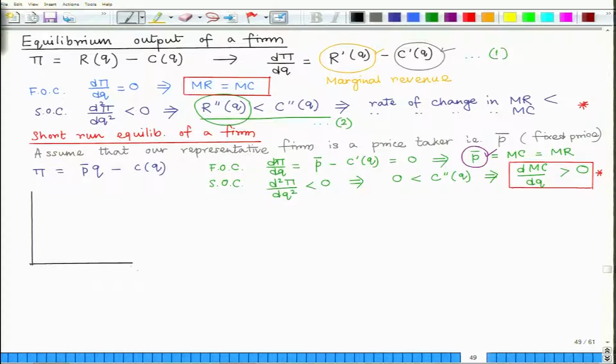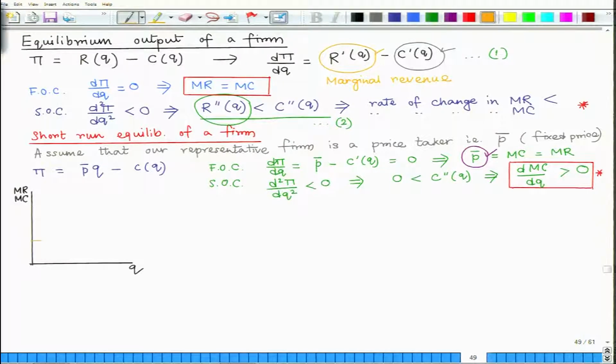Okay, so we measure output produced by the competitive firm along the horizontal axis, and we measure marginal revenue and marginal cost along the vertical axis, right. Okay. So drawing a marginal revenue curve in this case is very simple.